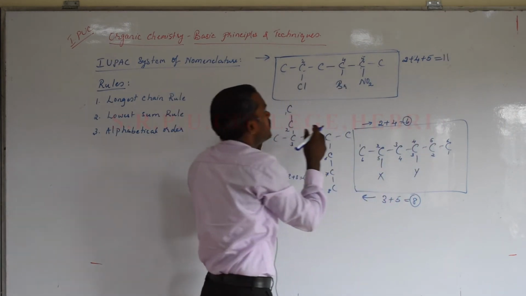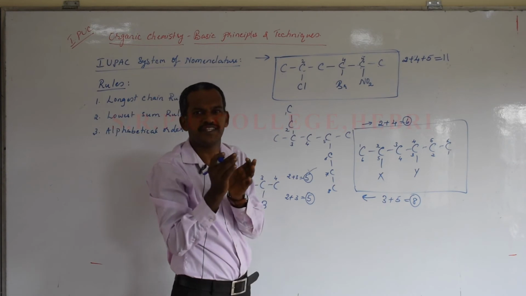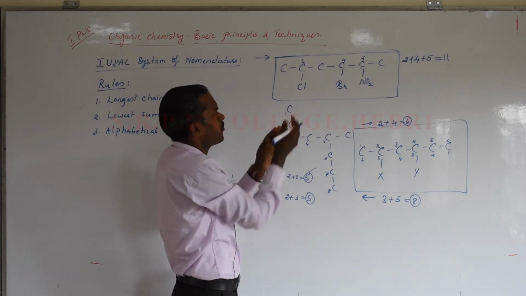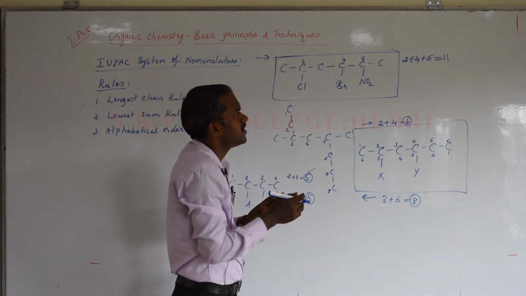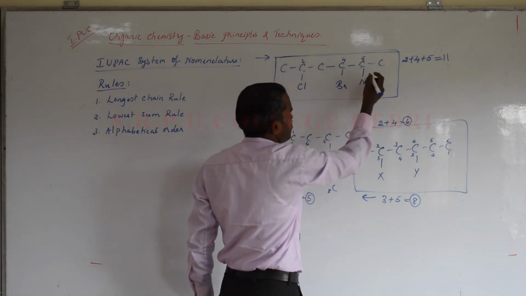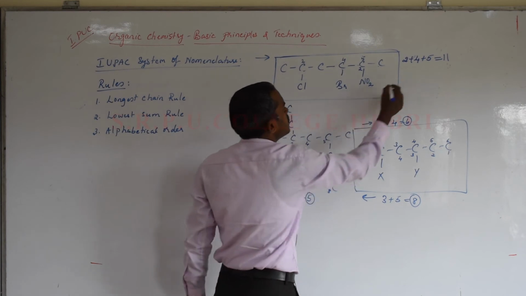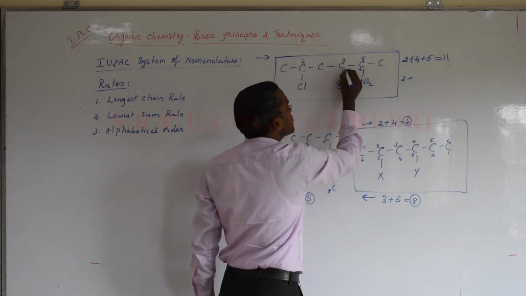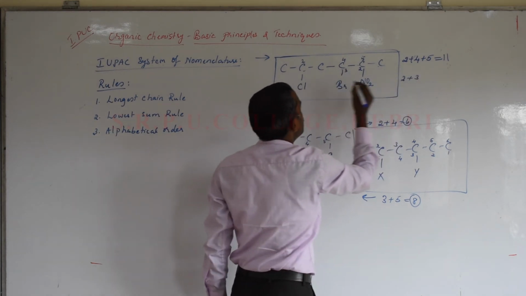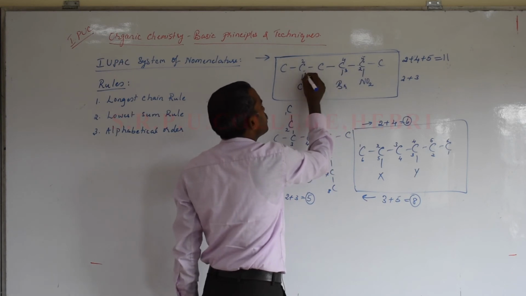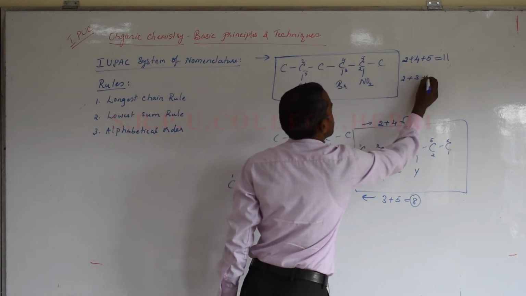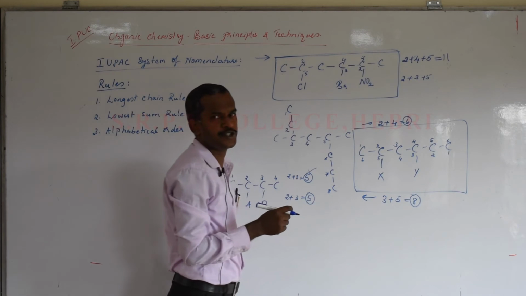The sum of the positions of the substituents when you number it from left to right is 2 plus 4 plus 5. Suppose you number it from right to left, in this direction, this is the second carbon atom, so 2, plus this is the third carbon atom, 3, plus this is the fifth carbon atom, 5. Understood?